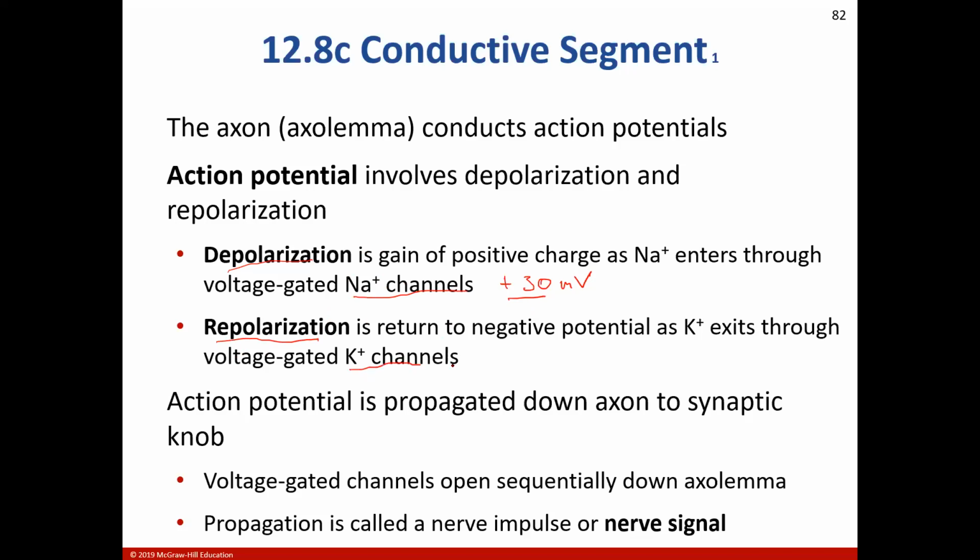Repolarization is potassium out of the cell, based on those channels opening and closing. So again, you have voltage-gated channels opening sequentially as the action potential is traveling from the cell body of the neuron, the initial segment, trigger zone, down to the axon terminal. And it's repolarizing as quickly as it's depolarizing.